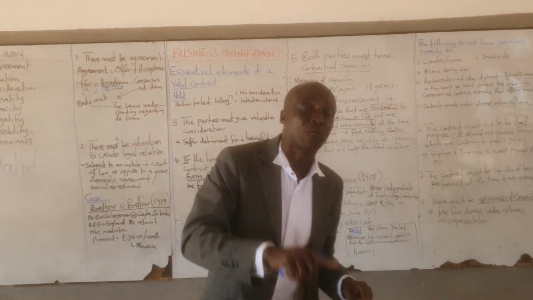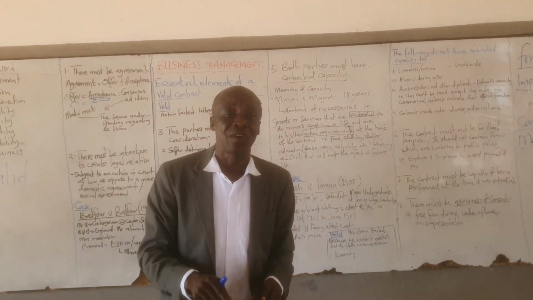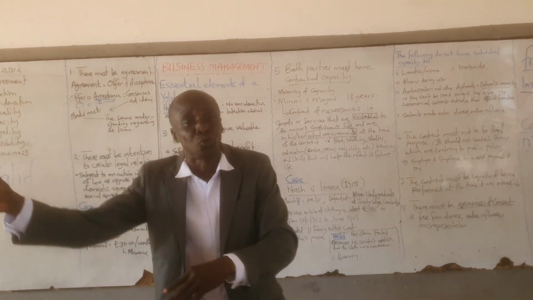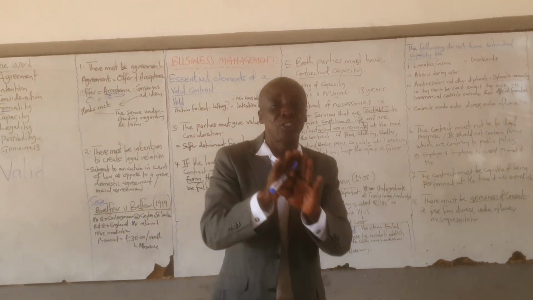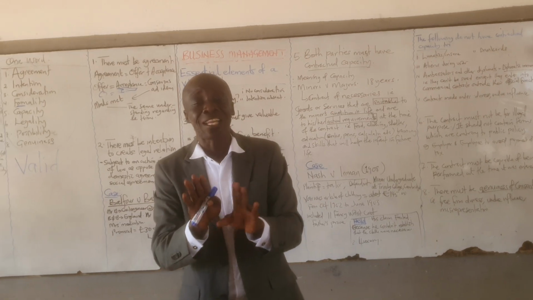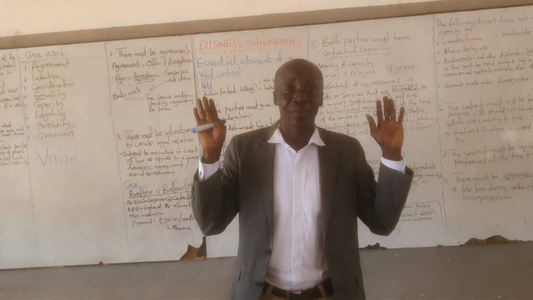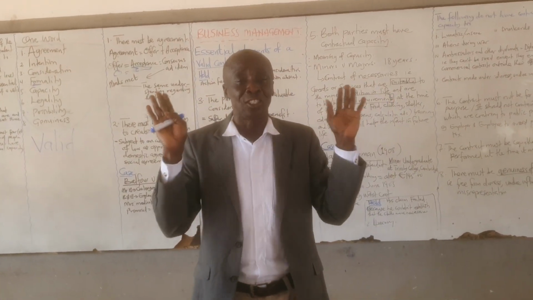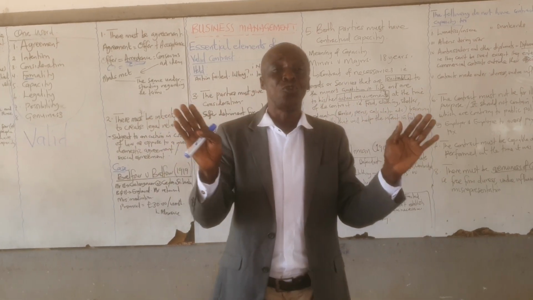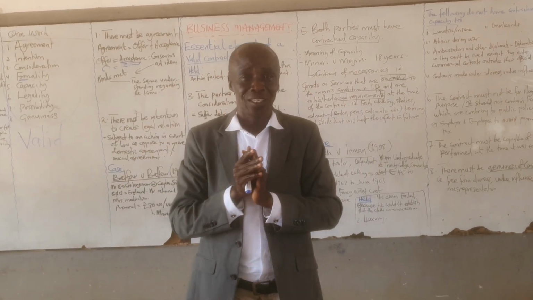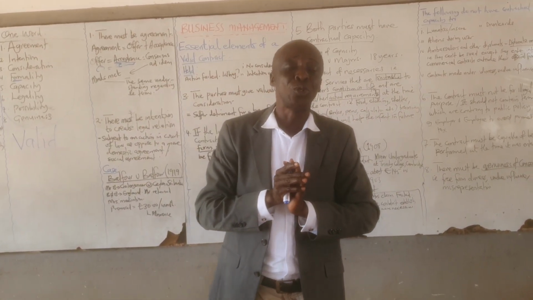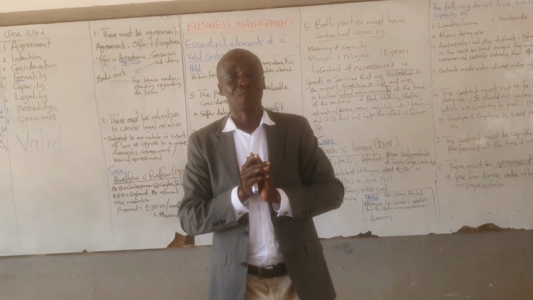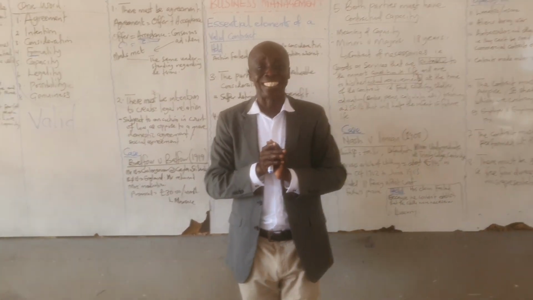Meaning, if one fails to fulfill his part, the other one can sue him. As opposed to domestic and social agreement. If it is social agreement, if it is domestic agreement in general, then there is no contract. So that is that. And now we are going to use a certain case, Balfour versus Balfour in 1919.